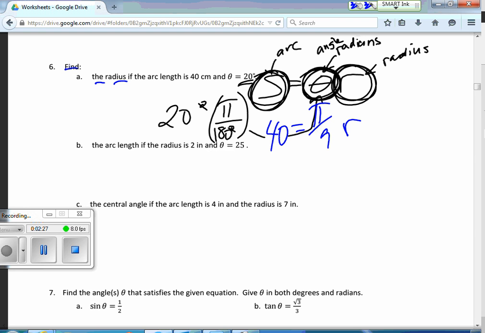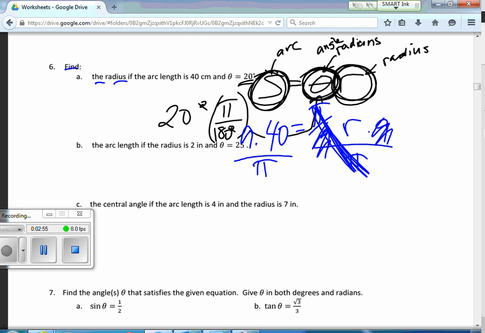Come on, you can finish this. R is almost alone. What do? Divide by pi over 9, but you could clear the fractions deal. Remember that? Multiply by 9 to start with. That clears the fraction. And then if you want R alone, you're going to divide by pi. Radius is alone. 9 times 40 over pi.